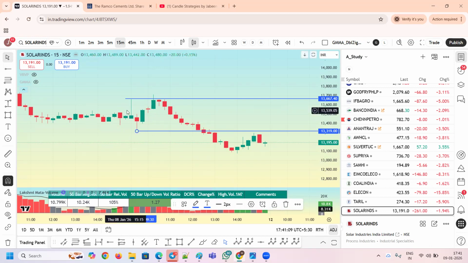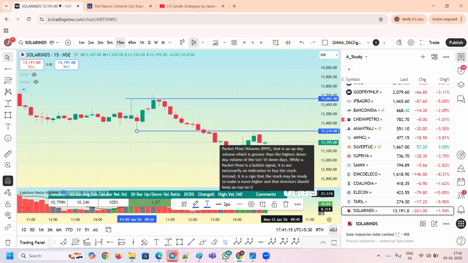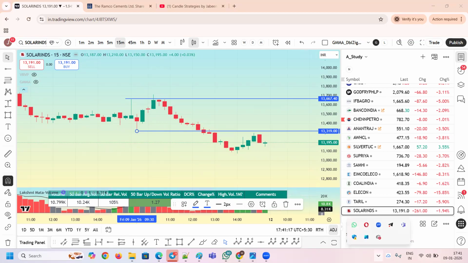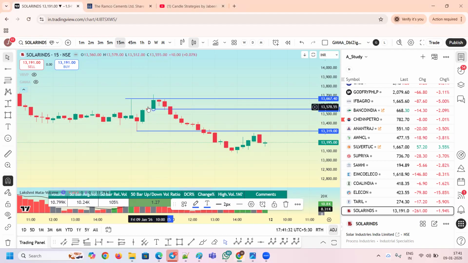See, when the wick is more, you draw that wick, consider that wick also. Okay. Now you see here, this downward trend, it has confirmed here. See, this is resistance. So it is bouncing back from resistance. First point. Second point is it has crossed this point, this candle. Okay.